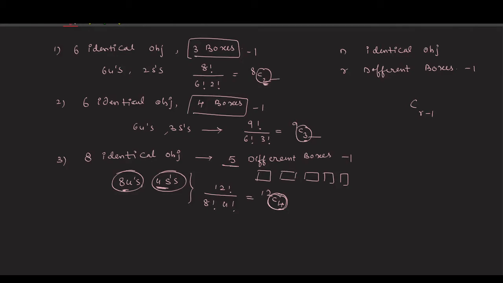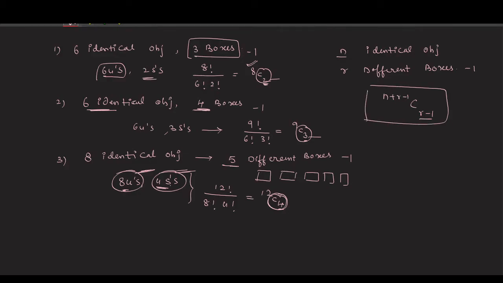And how did you get the top number? 6 U's plus 3 separation symbols, 9. Here we have 8 U's and 4 separation symbols, 8 plus 4, 12. So here we have r minus 1 separation symbols and the objects are n. So what you write here is n plus r minus 1, C(r minus 1).